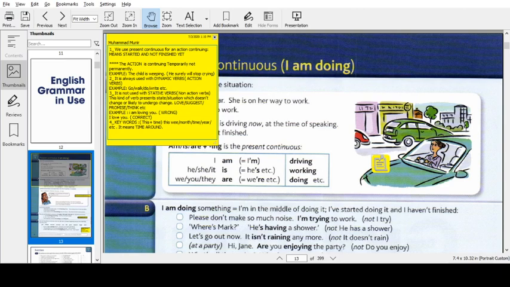But there is another form of verb which is called stative verbs. You must remember that present continuous is not used with stative verbs. Stative verbs means non-action verbs. If we try to dissect these verbs, we come to know that most of the stative verbs belong to our five senses.